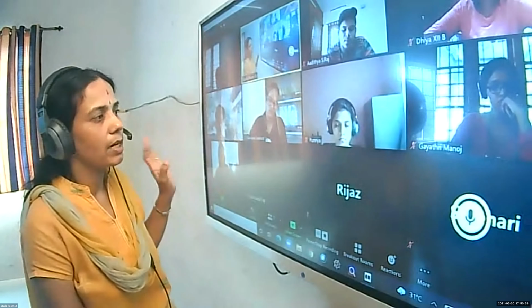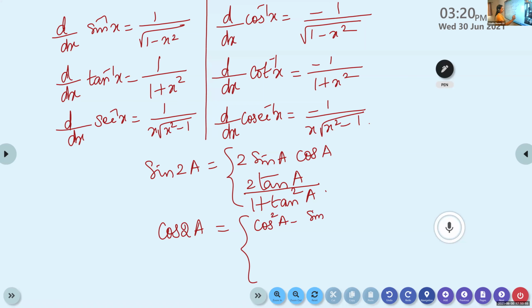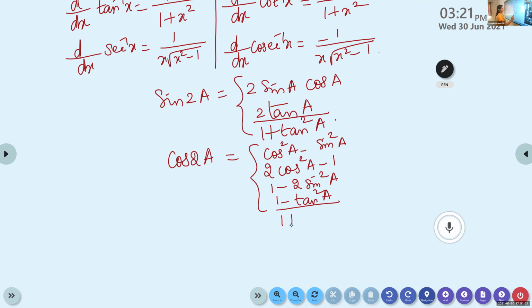Cos square A minus sin square A, which is the same as 2 cos square A minus 1, which is the same as 1 minus 2 sin square A, which is the same as, in terms of tan, 1 minus tan square A by 1 plus tan square A. Then what about tan 2A?